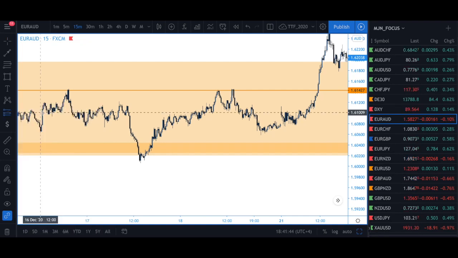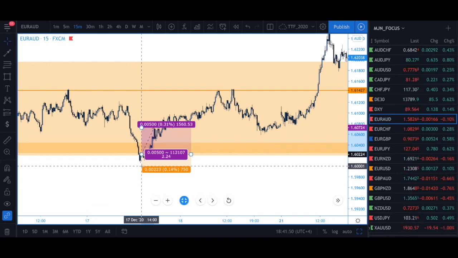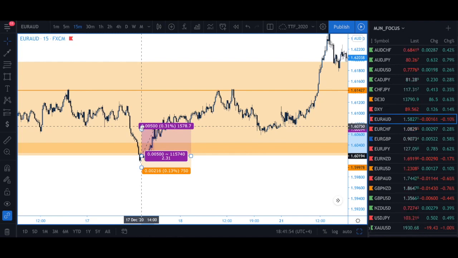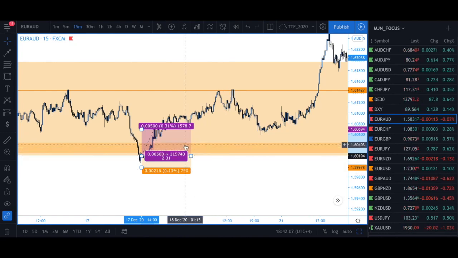So what they might do is go long of this market over here and place the stops just below this. Okay, and what they might do is place their TP level at this level here, because it's clearly a support/resistance level over here, and that would be a 2.3 risk reward, which would be a sensible trade for a scalper to take. So again, that is how a scalper would set their TPs and stop levels.